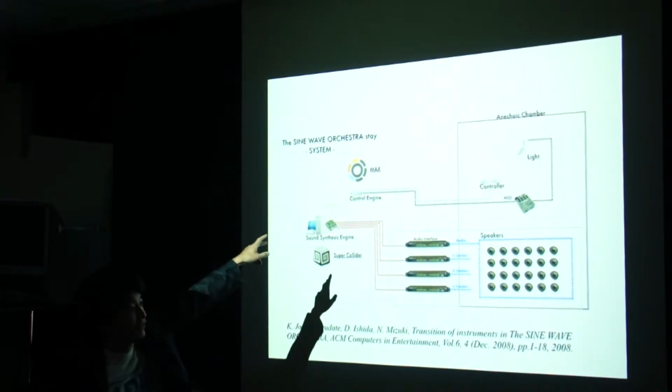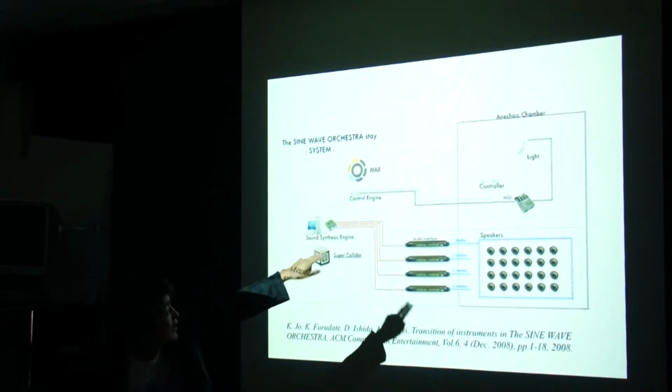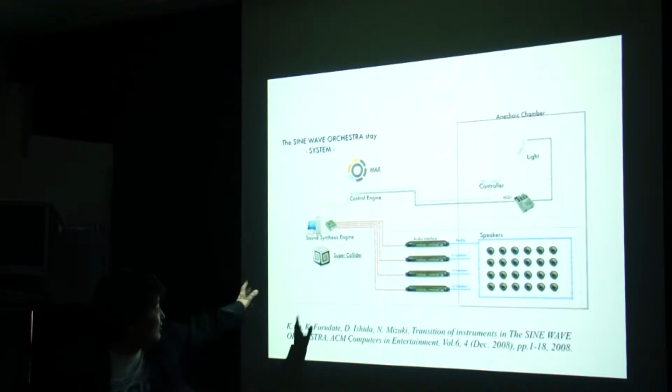For control, we use Max to take input from the controller, and we also control the light in the room with Max MSP. And for synthesis, we use another programming environment, SuperCollider.